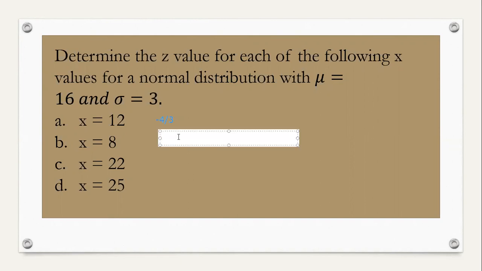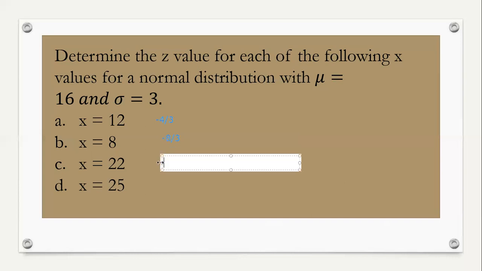Next, how about if the random variable x is 8? Using the formula, it will be 8 minus 16 divided by 3, which is negative 8/3 or negative 2.67. Next, what about if x is equal to 22?